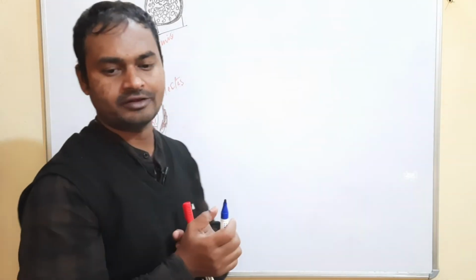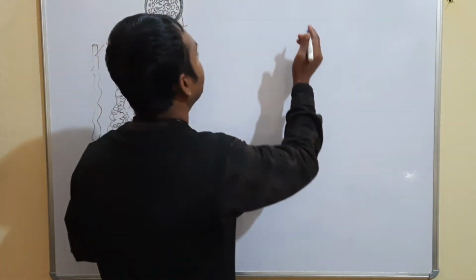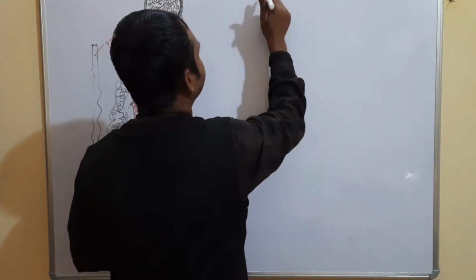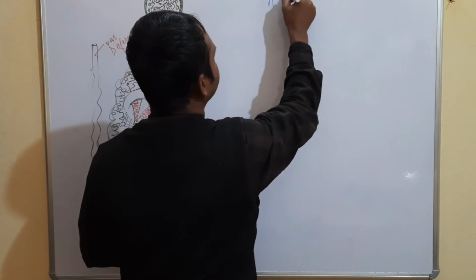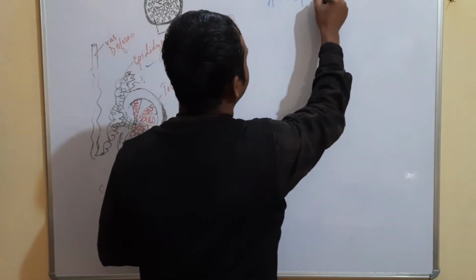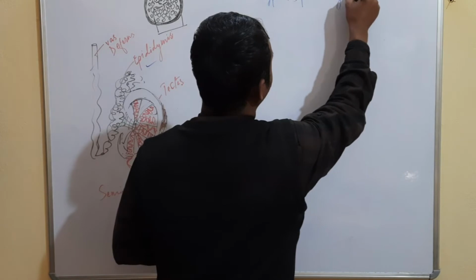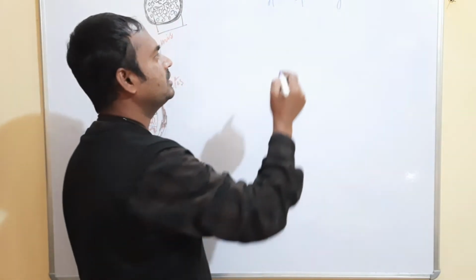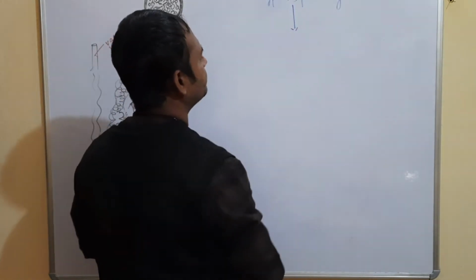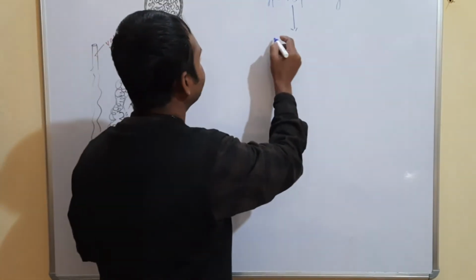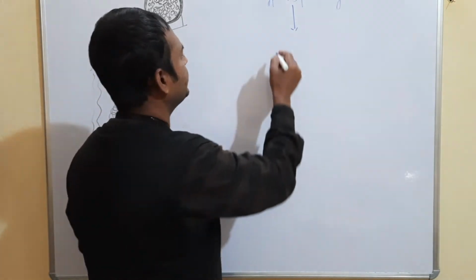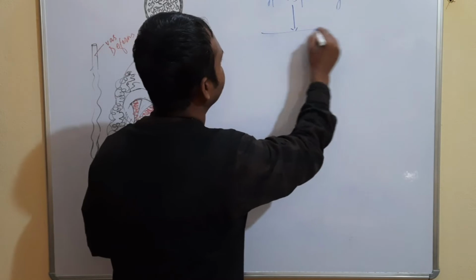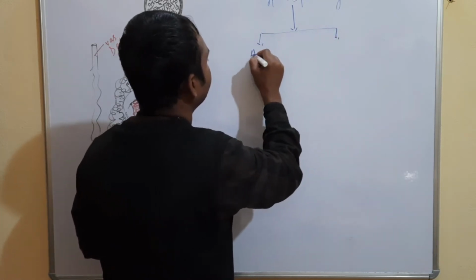What will happen thereafter? After the type A spermatogonia, the type A spermatogonia will further divide to form its replica, that is A and A1.